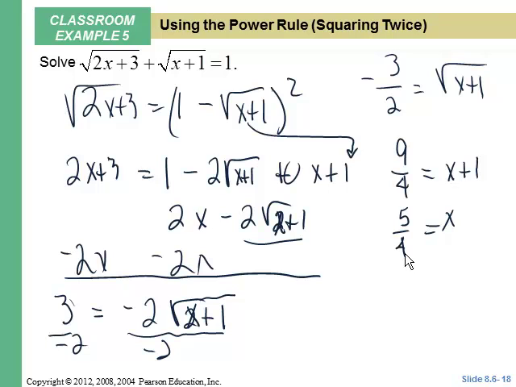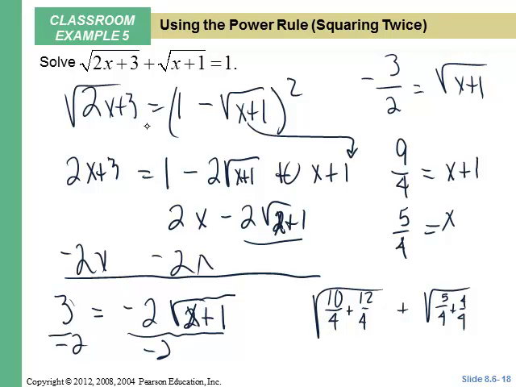Well, let's try it and see. 5 fourths times 2 is 10 fourths plus 12 fourths, square root, plus square root of 5 fourths plus 4 fourths. Yeah, see, that's not working out right. 10 fourths and 12 fourths. I made a mistake someplace. Let's see if I can find it.